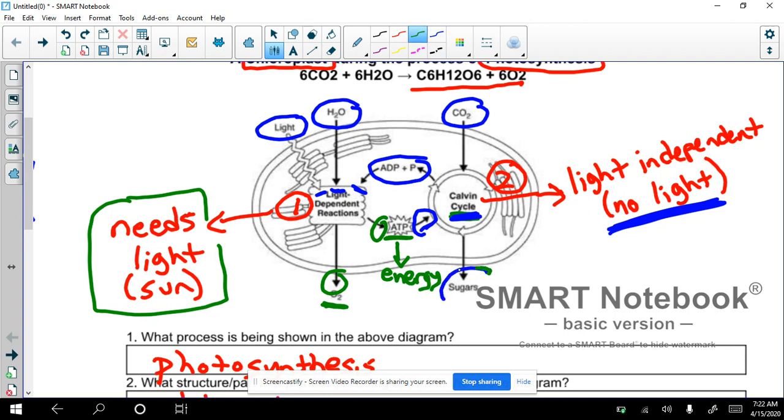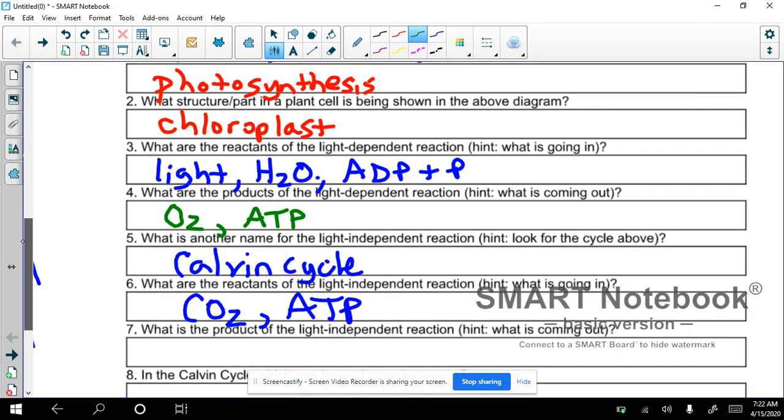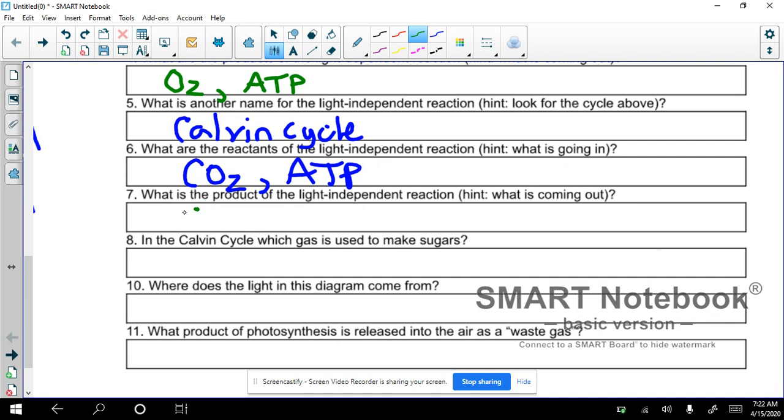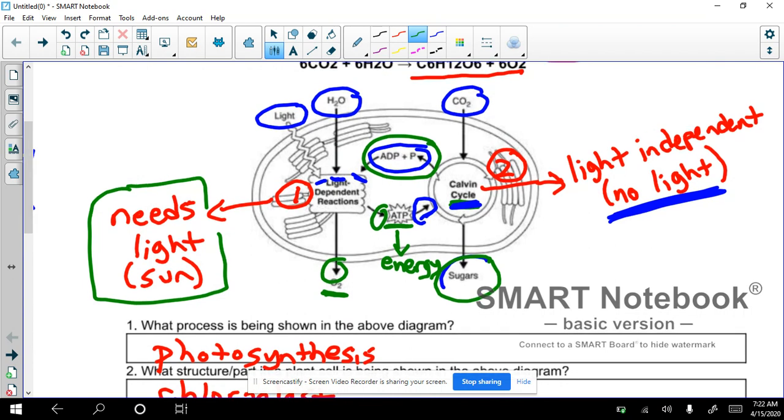Sorry, I'm not sure why I didn't switch to green. Down here, and you have to be careful. The other arrow pointing out is up here. So I have 2 products, sugars and ADP plus P. So what are the products? Are sugars and ADP plus P, which, like I said, this ATP thing is just a form of energy.